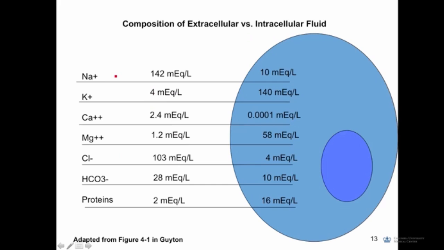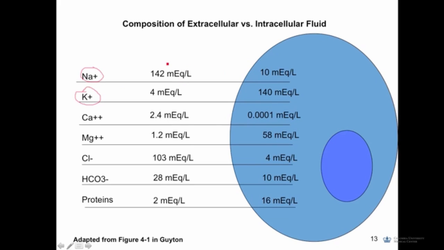So let's consider the equilibrium potential for our two key ions, sodium and potassium. Sodium and potassium both have a valence of 1, and they have a similar distribution of concentration, just in opposite directions, right?